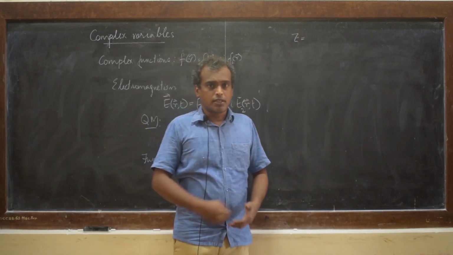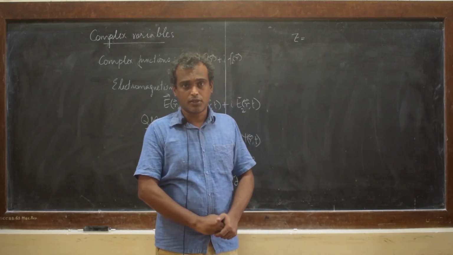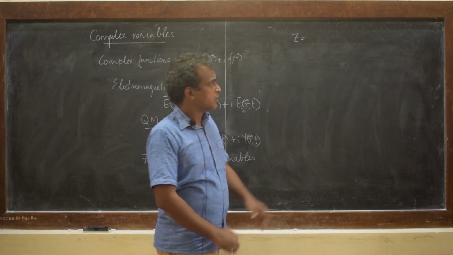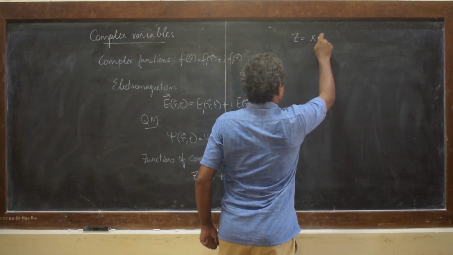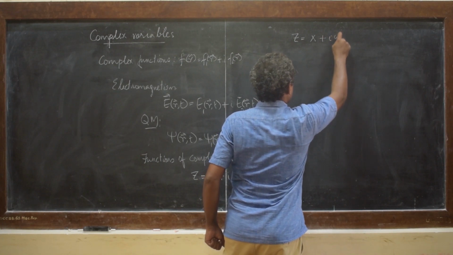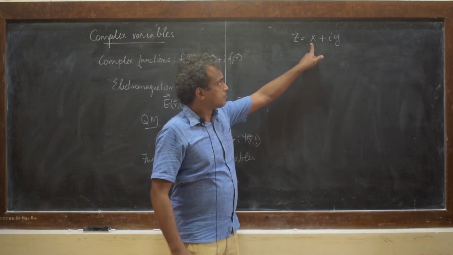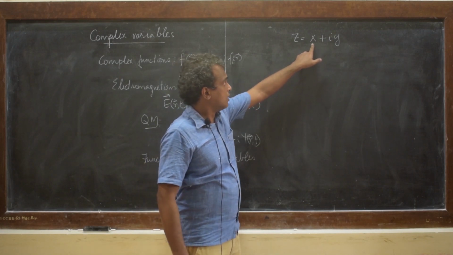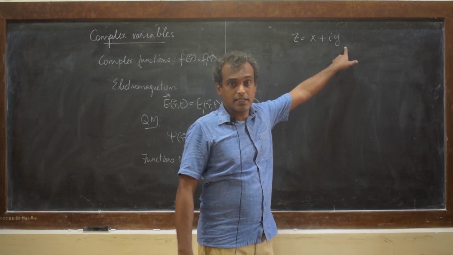As I mentioned earlier, a very common way of representing a complex variable is by writing it as a real part plus an imaginary part.